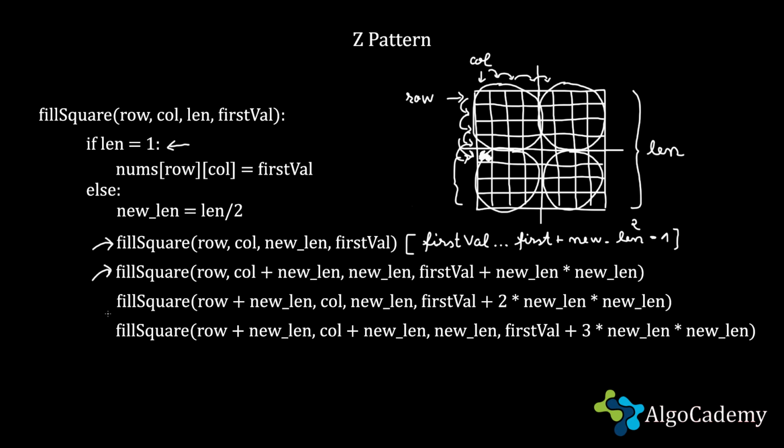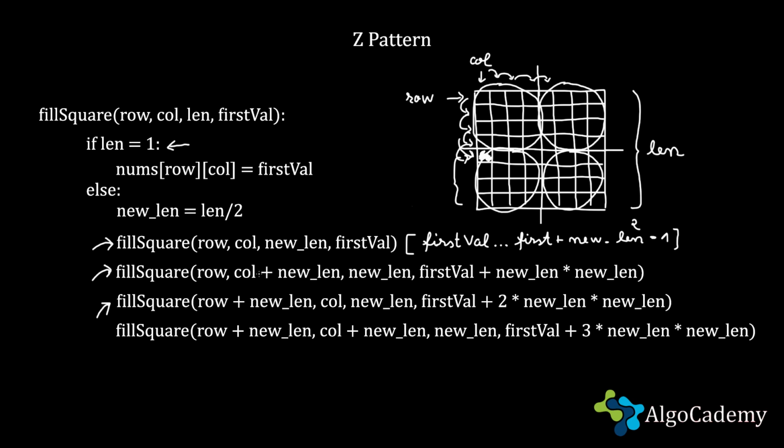So for the third quadrant, I call fill square of row plus new len and col and new len, because of course that's the length of the quadrant. And what is going to be the first value that's placed here? Well, following the same line of reasoning that we have followed for this second function call, think about it.